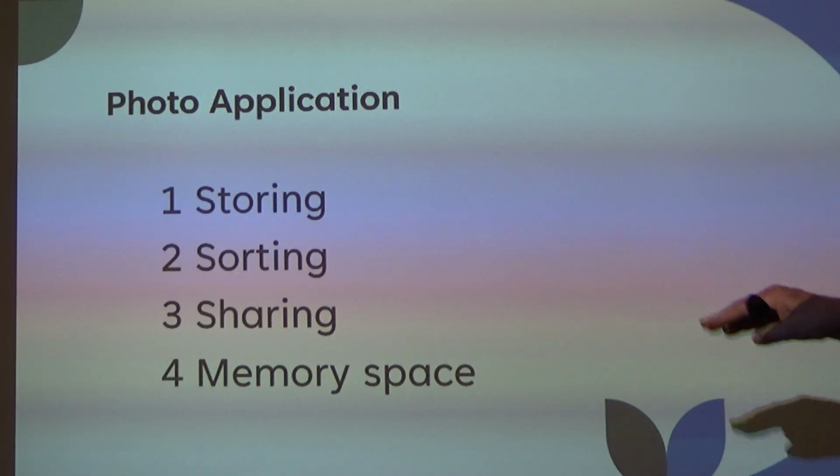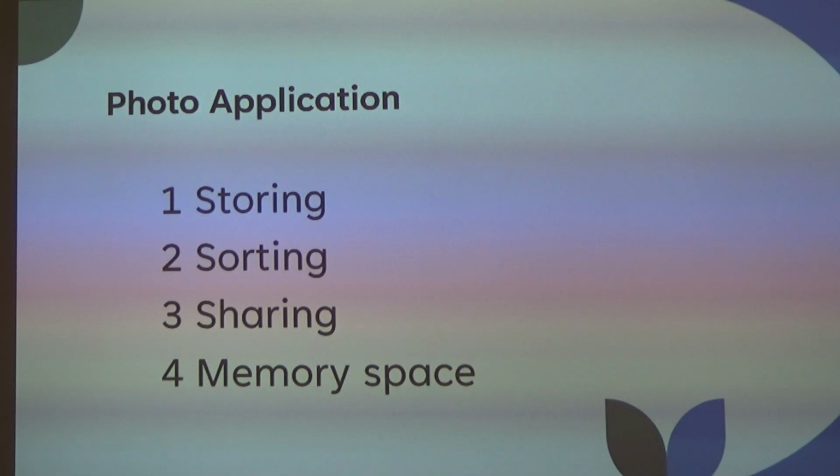So that is a big thing, how to get your photos off your phone, keep them archived, and make room for the new photos. Because you know you got to have a picture of every one of your meals, okay?